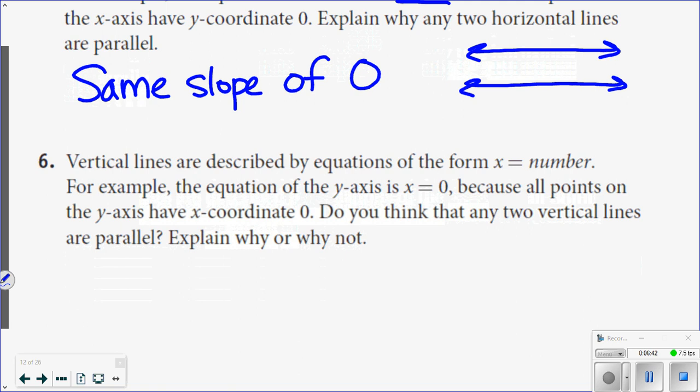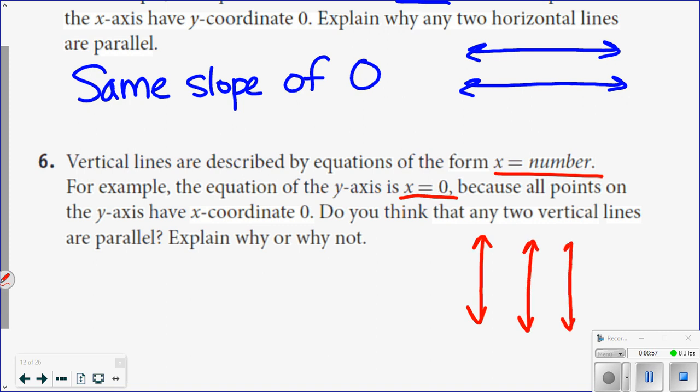Vertical lines are all x equals a number. So for example, the y-axis, which is vertical up and down, is x equals 0. And all vertical lines are parallel because they all have the same slope, which is undefined.